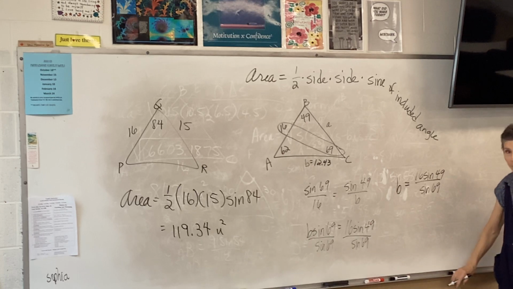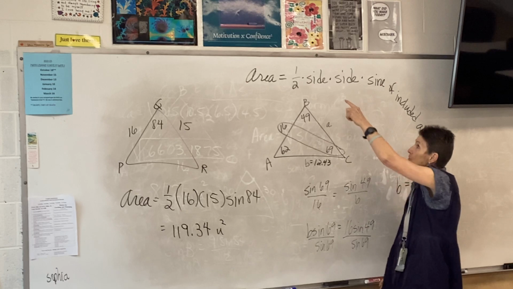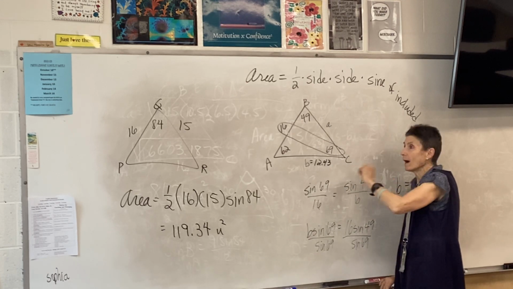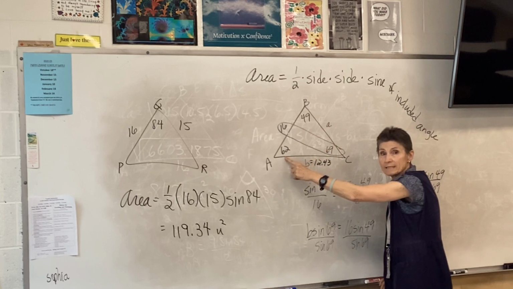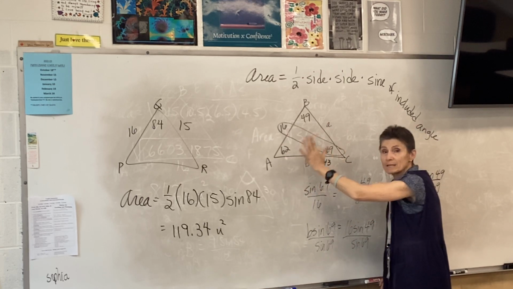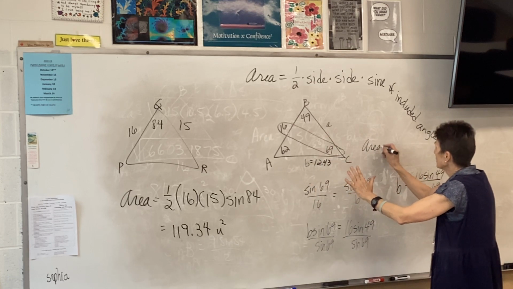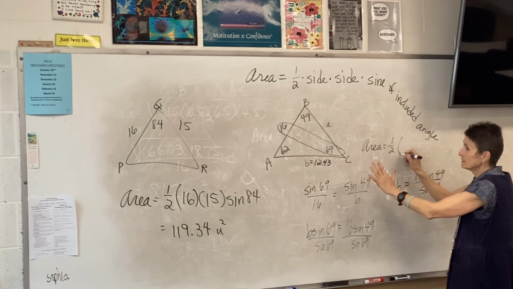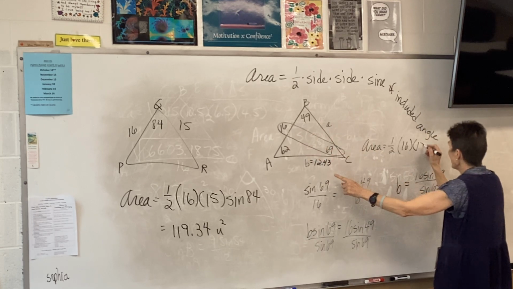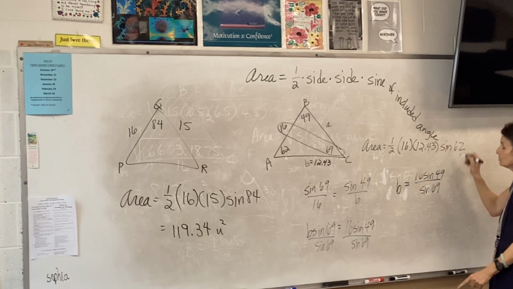Now I want you to look at what you just did. Now, do I have two sides? Yep. And do I have the angle in between them? Yep. So now I can find the area of my triangle. The area will be 1/2 side times sine of included angle.